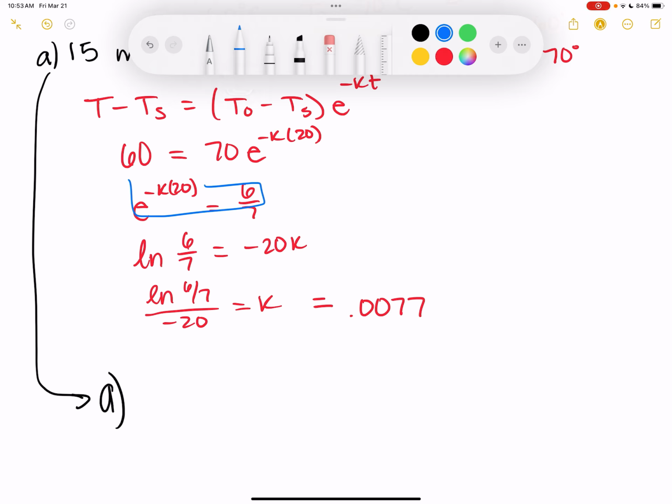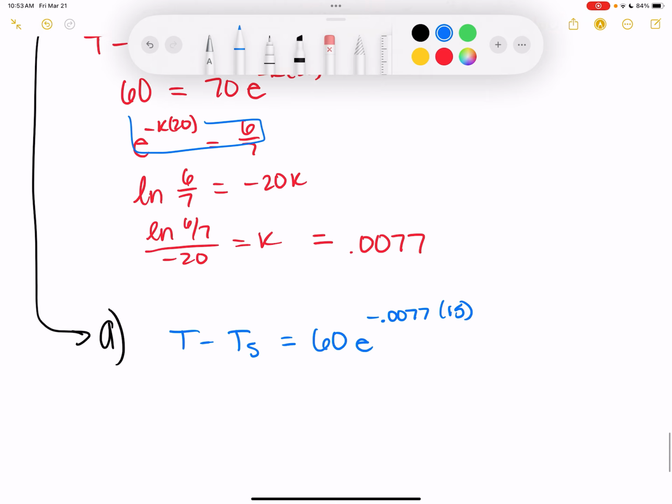T minus T sub S equals 60 e to the negative 0.0077 times 15. And then I would just type that in, and that'll give me the temperature that I'm looking for. Do you want us to use the ln thing or the decimal? It shouldn't make that much of a difference.